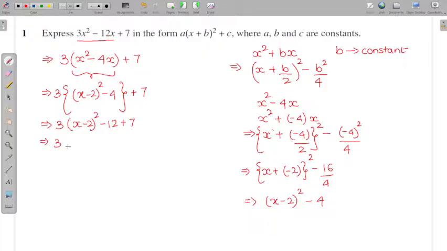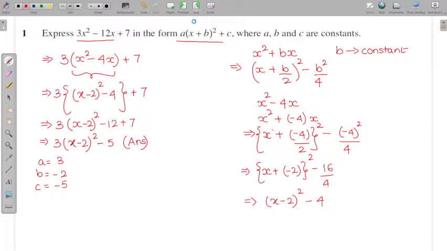So this can be written as 3 x minus 2 whole square and minus 12 plus 7 gives us minus 5. So if we compare our answer with the form given in the question, so a comes to 3, b has a value of minus 2, and c is equal to minus 5. So this is the final answer for question number 1.